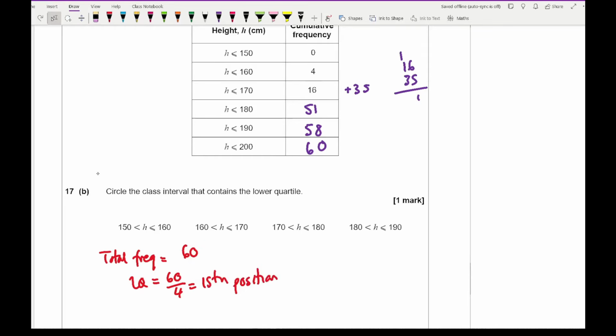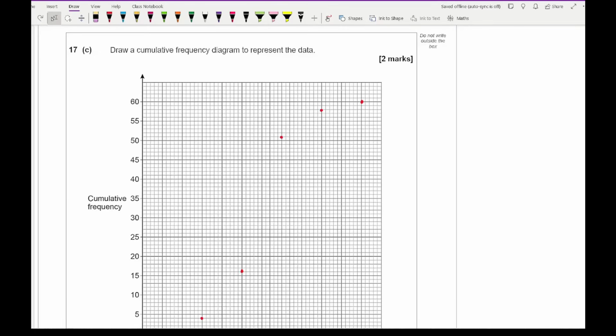So I then need to find out which block contains the number 15. Well, that's going to be in this block here. So it's going to be where h is between 160 and 170, and that is going to be in this option here. Then moving on to question 17c, it says draw the cumulative frequency diagram to represent the data.